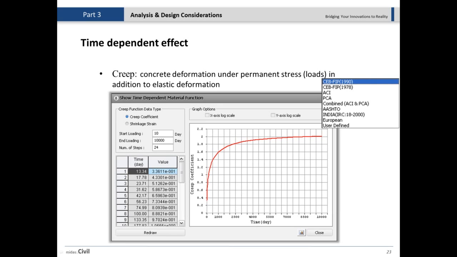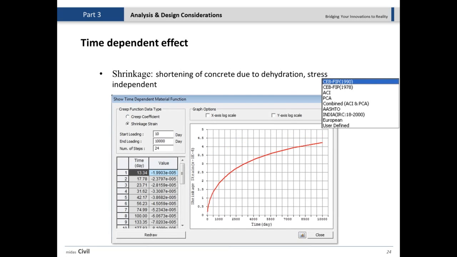So you can simply define that, and if you are using software like Midas Civil, at different ages, different days, the software takes different creep coefficients from this curve and uses them for calculating the losses and the displacement of the structure at different stages.